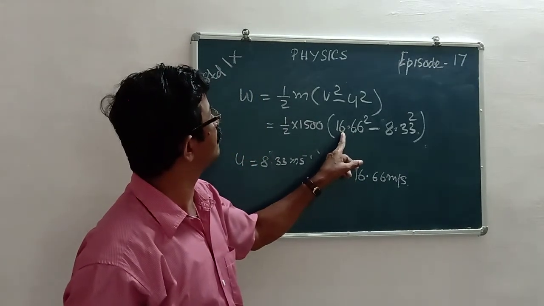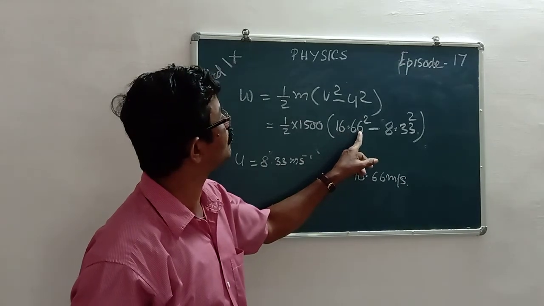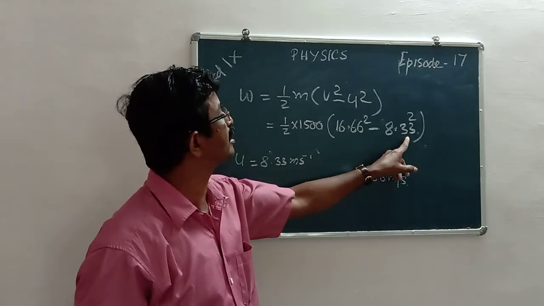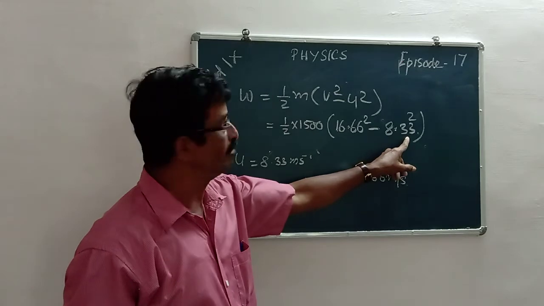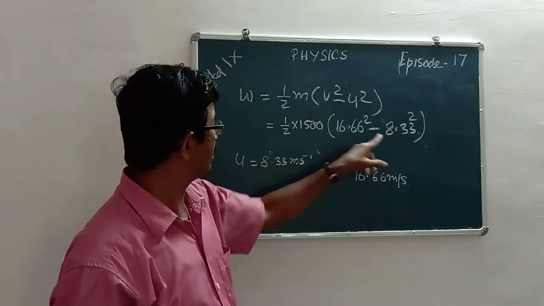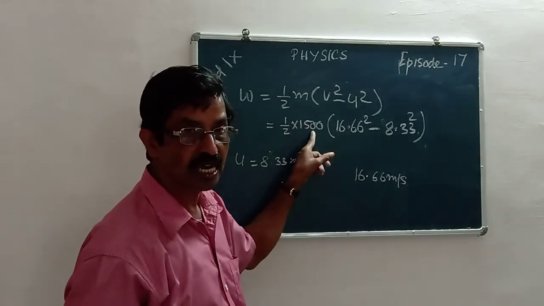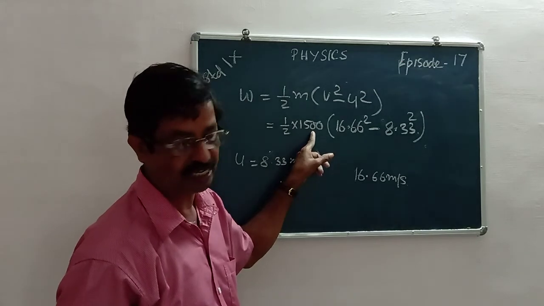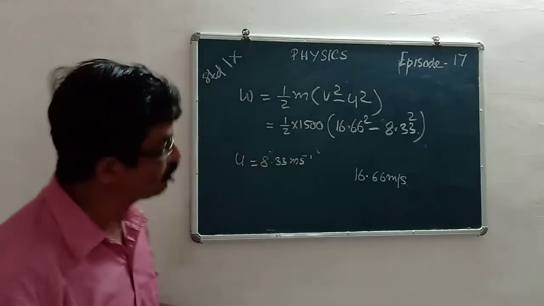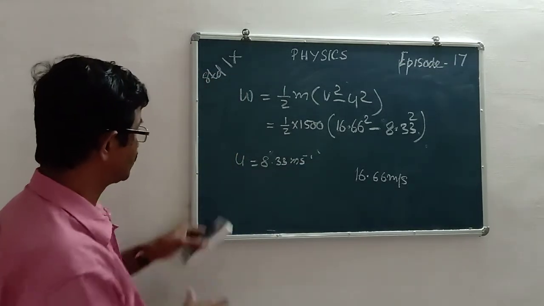First of all we find 16.66 square minus 8.33 square. Then we subtract and multiply with half into 1500. Then we can get the value of this.